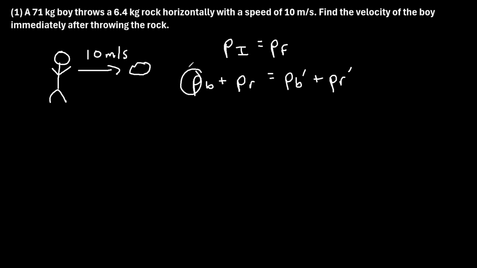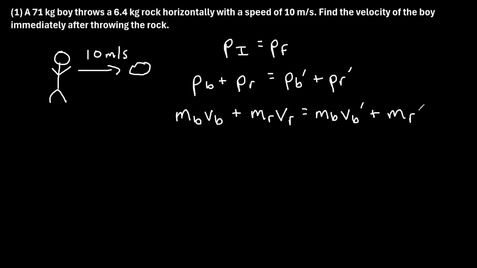Now, momentum is calculated as mass times velocity. So we can write that the mass of the boy times the initial velocity of the boy plus the mass of the rock times the initial velocity of the rock must be equal to the mass of the boy times the final velocity of the boy plus the mass of the rock times the final velocity of the rock.